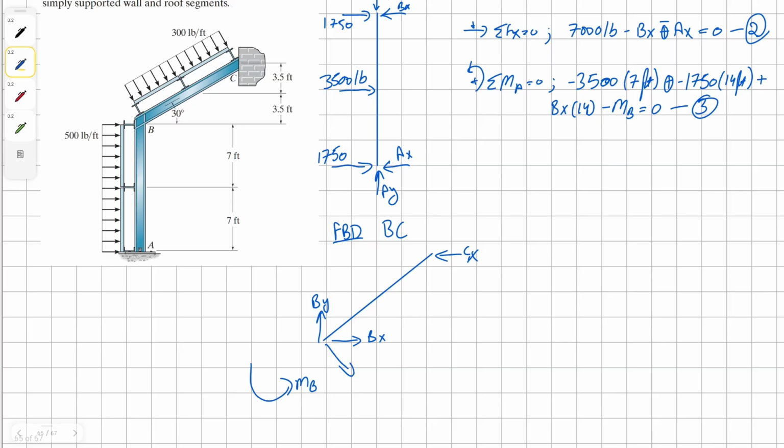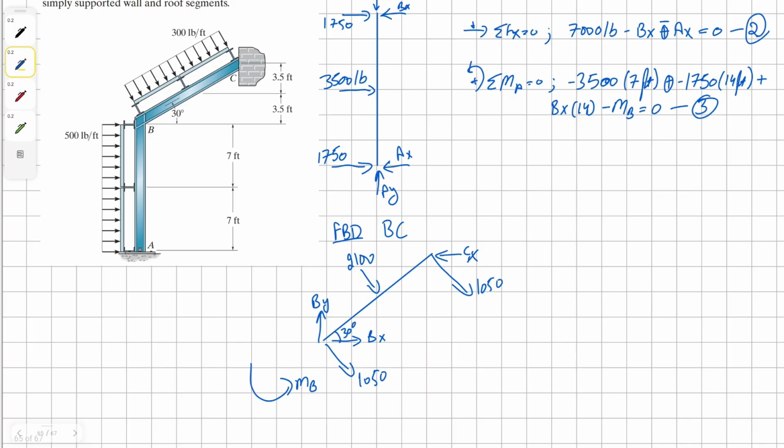So there are perpendicular reaction forces at 3 points. First one is 300 times 3.5, which is 1,050. So it's going to be on the other side of this at C, and the middle one is going to be 2,100. Alright, now that we have all the vectors, we can start solving.